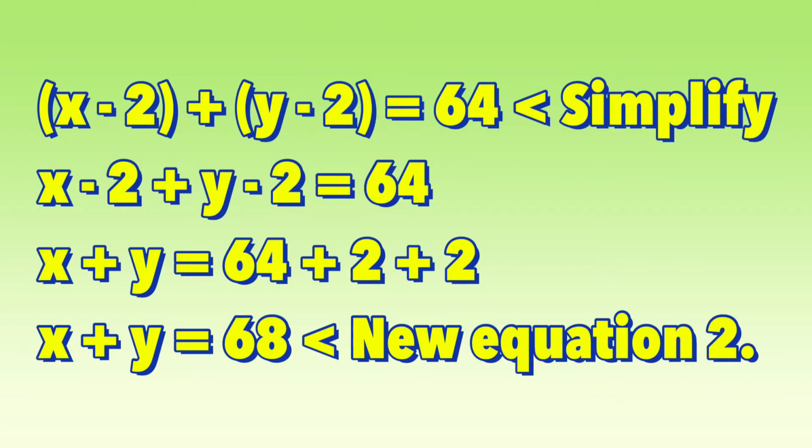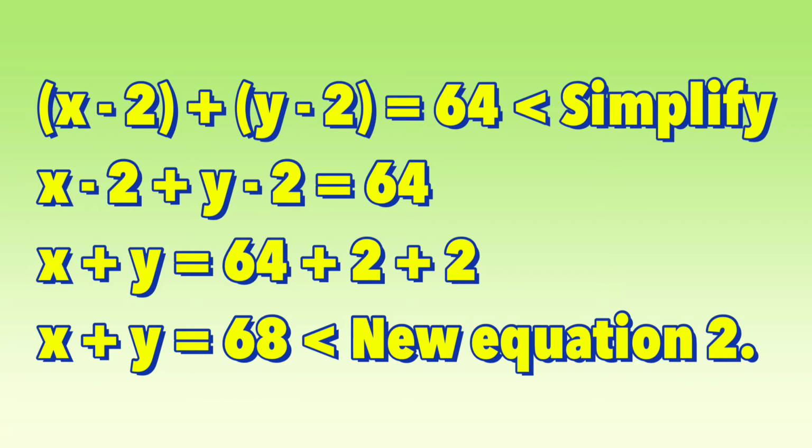The result is x plus y equals 64 plus 4, so x plus y equals 68. We have the new equation. So this is now our equation 2: x plus y equals 68.